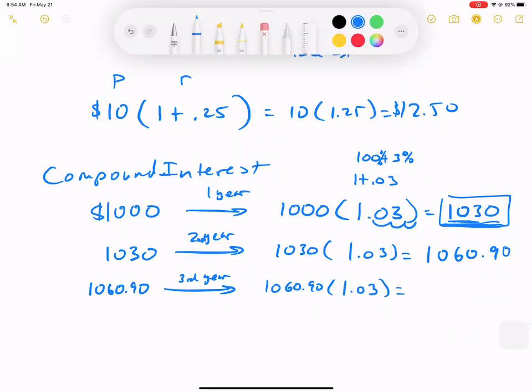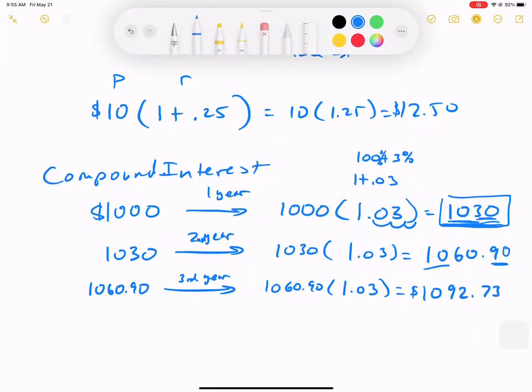And guess how much? Give me a guess. How much do you think you would make? Well, don't you make $30 off the 1,000? And then now that you have two 30s, you would make 90 cents off each of them. Plus you have money to make off 90 now. So you're making money off every little nook and cranny possible. And we now have $1,092.73 rounding up.